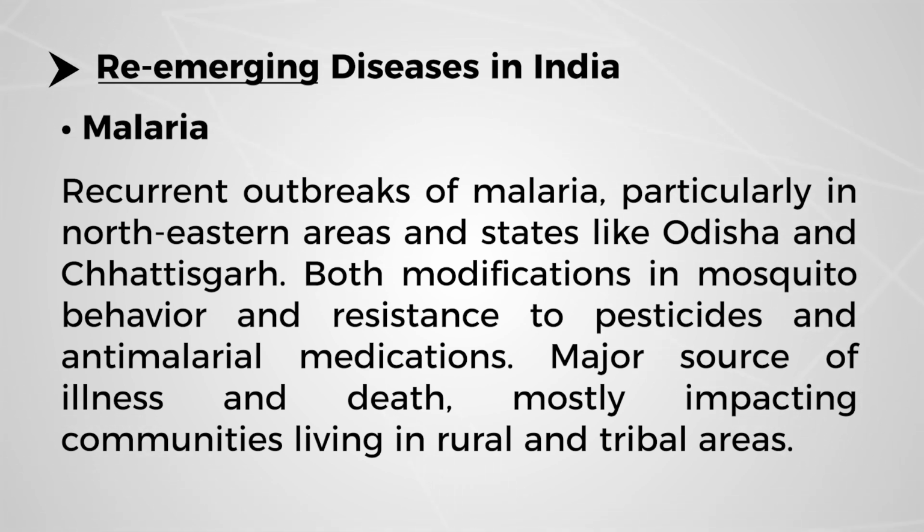Modifications in mosquito behavior and resistance to pesticides and anti-malarial medicines make it very necessary to control malaria, a major source of illness and death mostly in communities living in rural and tribal areas. Why does this happen in tribal areas most of the time? Because people are not aware. For example, they are not using mosquito nets while sleeping, which is one factor why such cases are increasing.